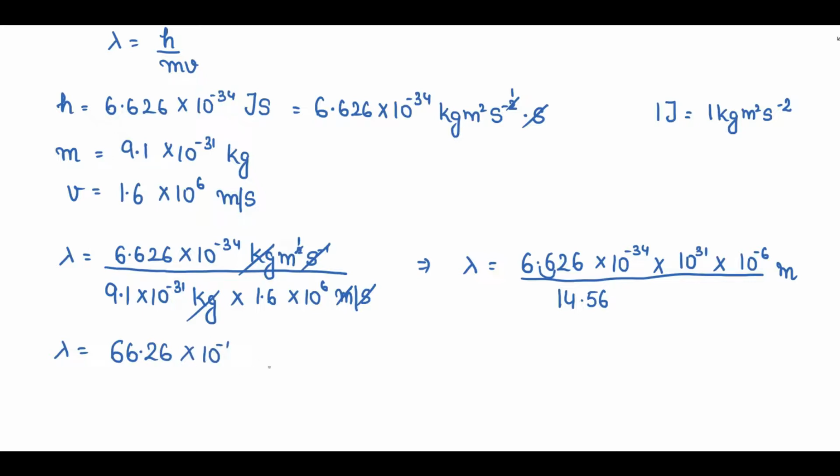So power will be 10 raised to power minus 1. Now I'll mention the other powers. 10 raised to power minus 34 into, first of all, I'll write all the negative powers, so into 10 raised to power minus 6 into 10 raised to power 31 divided by 14.56. Unit meter I am having.